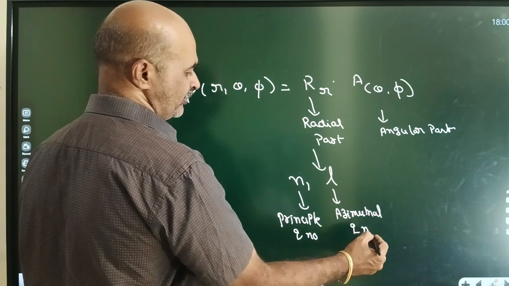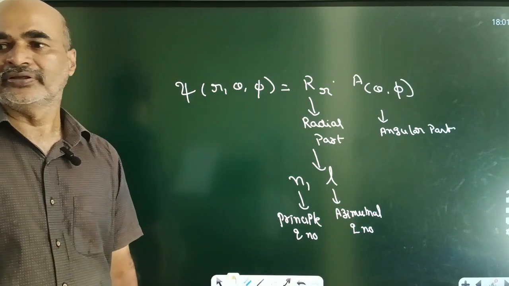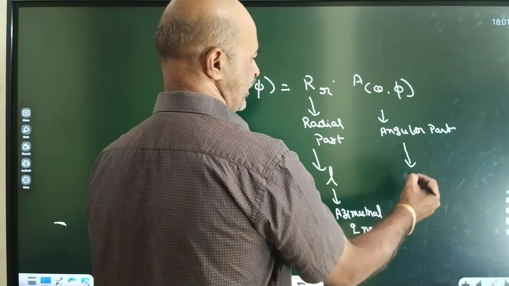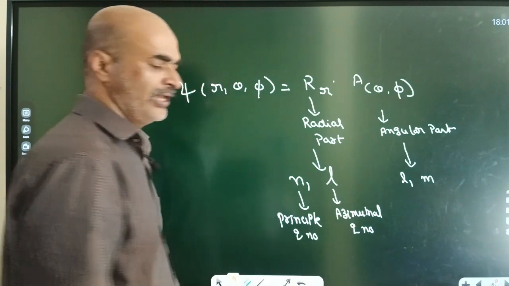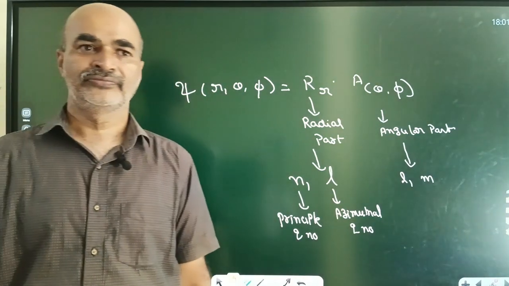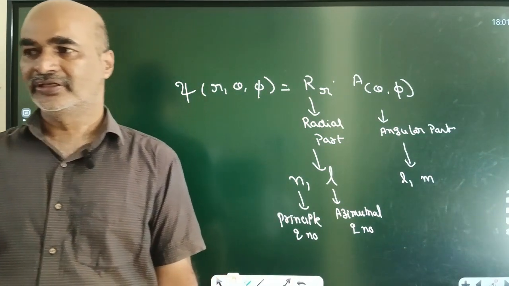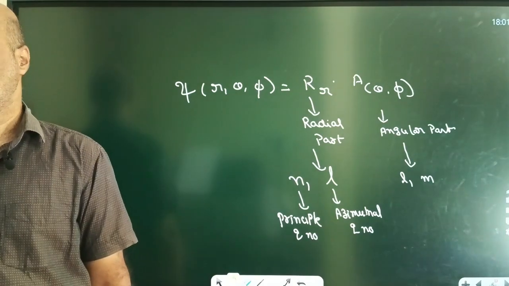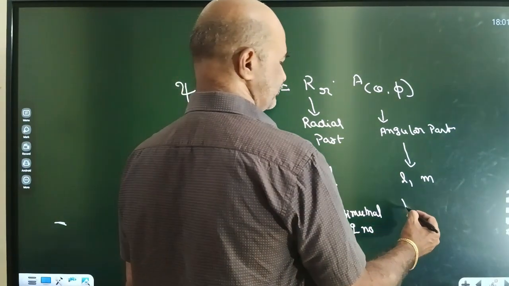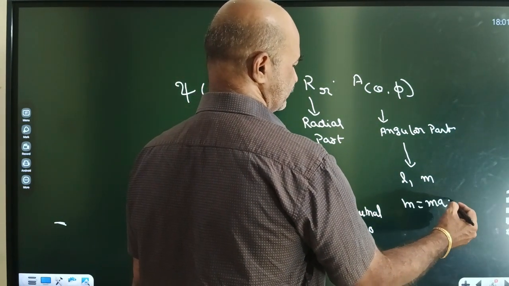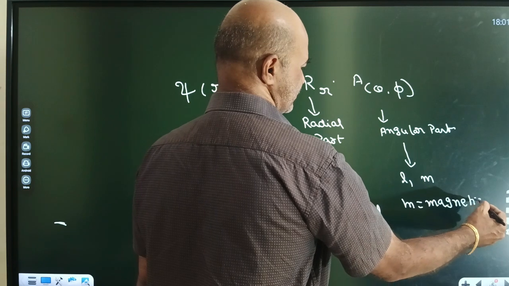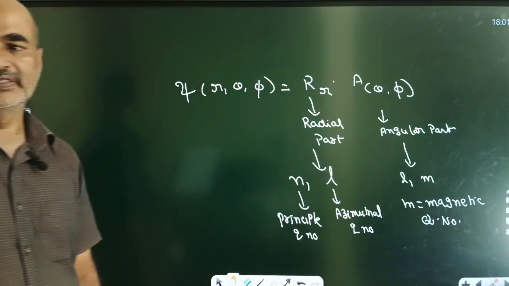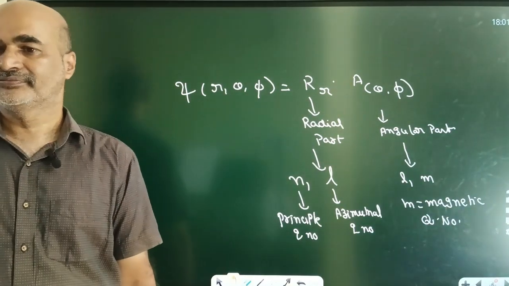Angular part is characterized by l and m. l is the azimuthal quantum number, which you already read in 10th class. m is the magnetic quantum number.